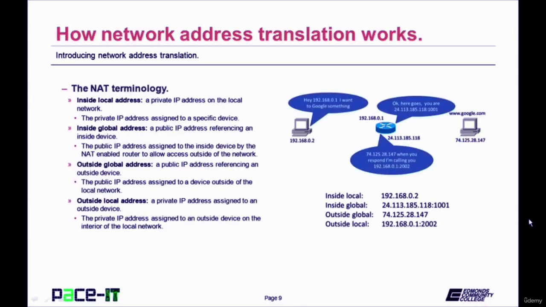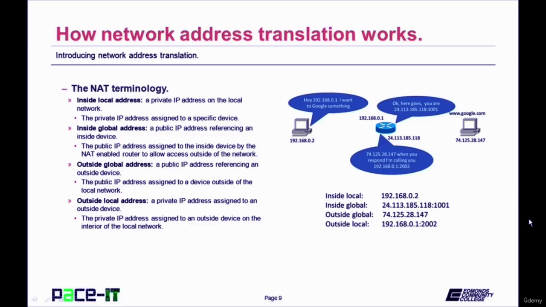Now let's talk about NAT terminology, specifically about the types of addresses. And we begin with the inside local address, which is a private IP address on the local network. It is the private IP address assigned to a specific device.